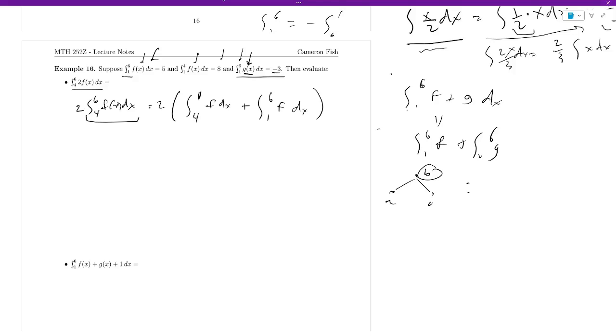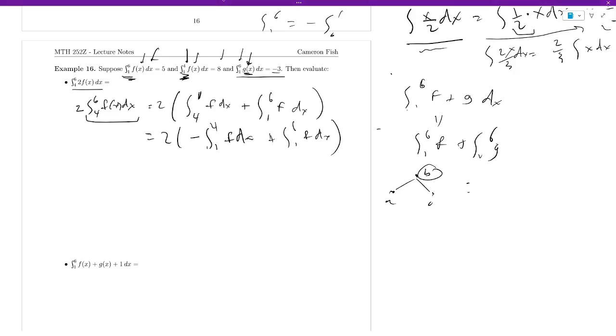Why do I want to pick 1? Because 1 is involved up here. Now, 4 to 1, I want 1 to 4. I can get that by flipping the sign. 4 to 1 is the same as 1 to 4 as long as I put the minus sign there. And then the other one can stay. That's plus. Sorry, it's a little messy.